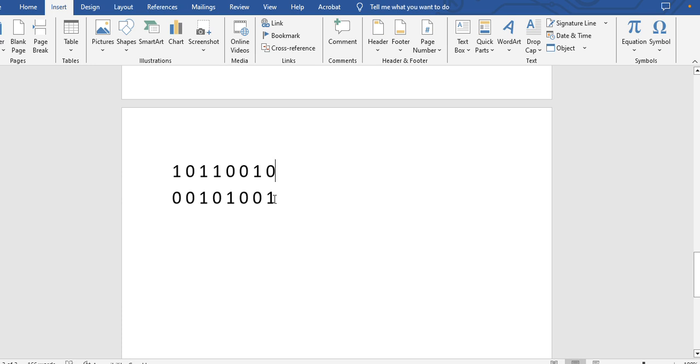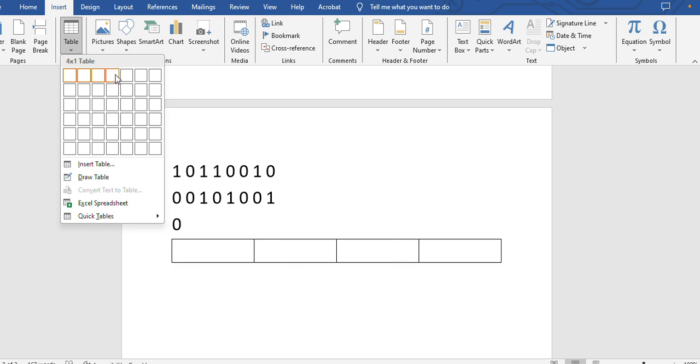Are we together? Let me push it to the next page. Page break, yeah. So we are adding 0. We start from the left hand side vile tunafanyanga mathematics ya kawaida.